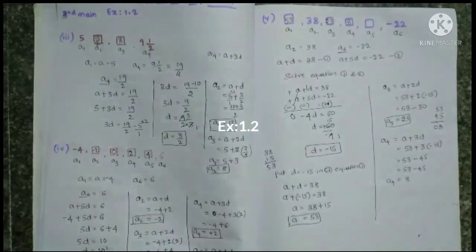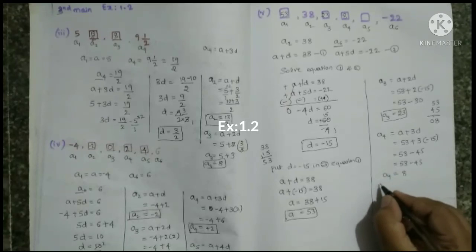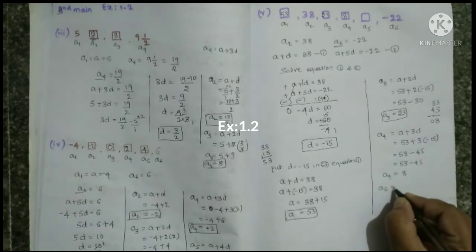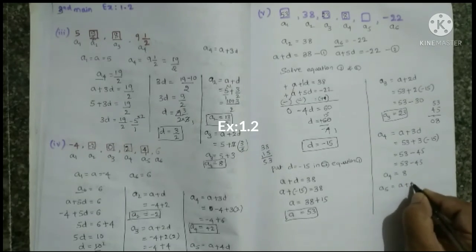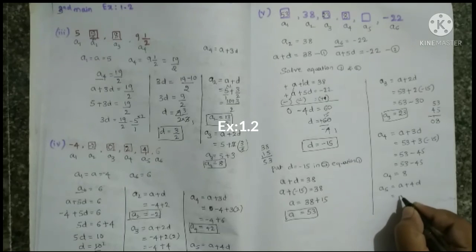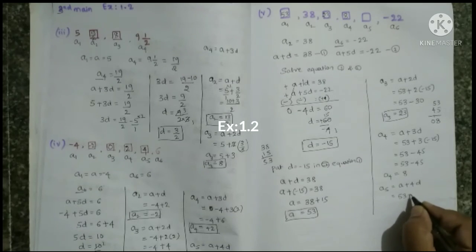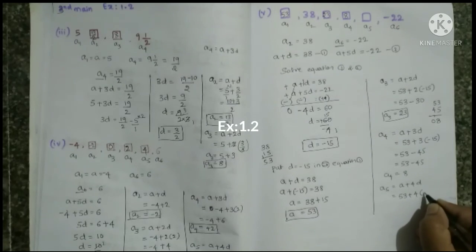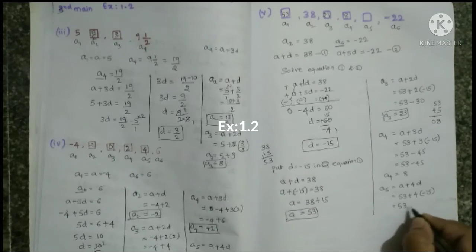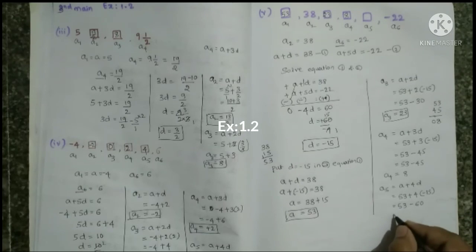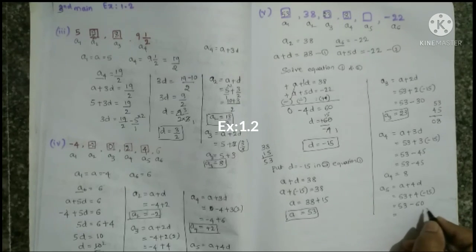Next we'll find A5. How do we have to find it? The A5 formula is A plus 4D. A value we have is 53 plus 4 into D value, minus 15. So 53 plus into minus is minus, 4 fifteens are 60. Now you see 53 minus 60.